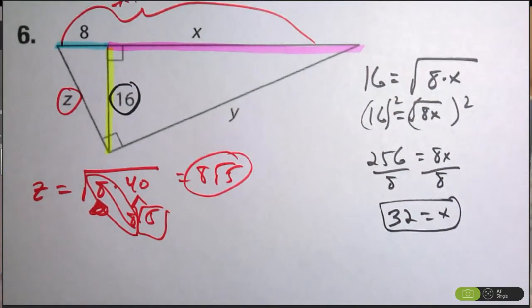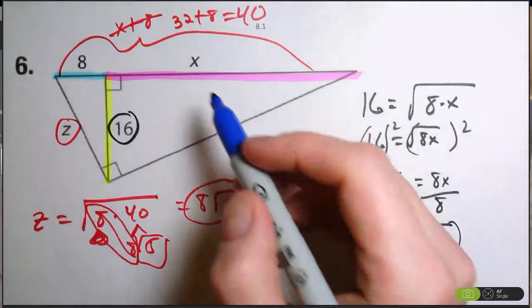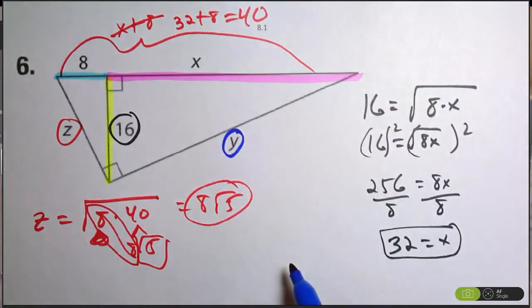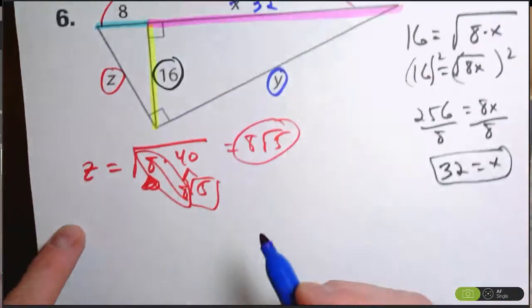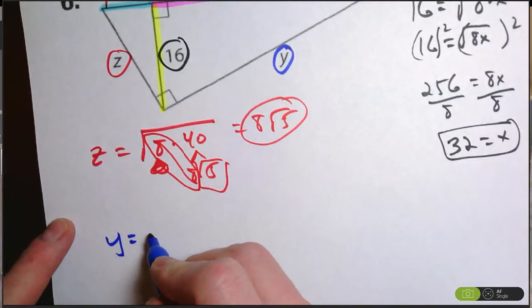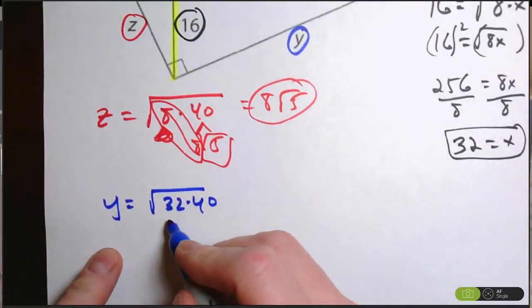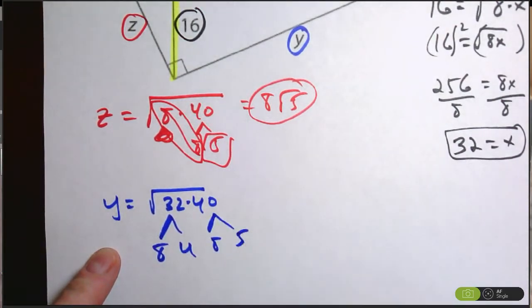And then we do the exact same thing for y. Because the legs, the order doesn't matter. Once you know the parts of the hypotenuse, you can do z or y. But you had to solve for x first. So now y is the geometric mean of 32 and 40. And again, there's a little trick in here. 32 is 8 times 4. 40 is 8 times 5.